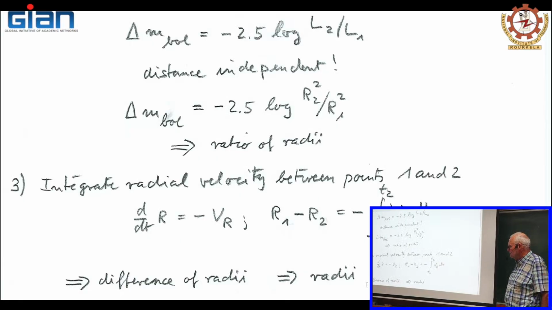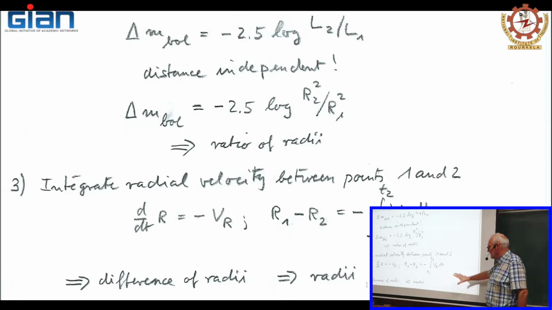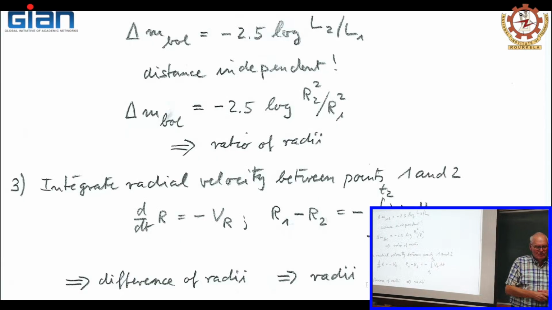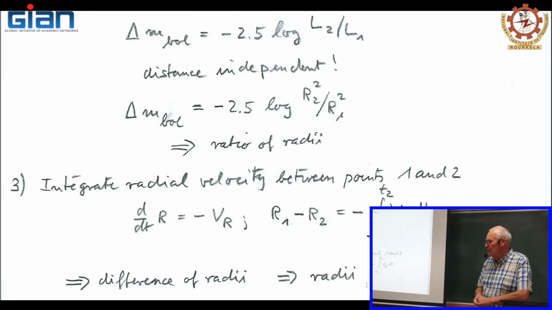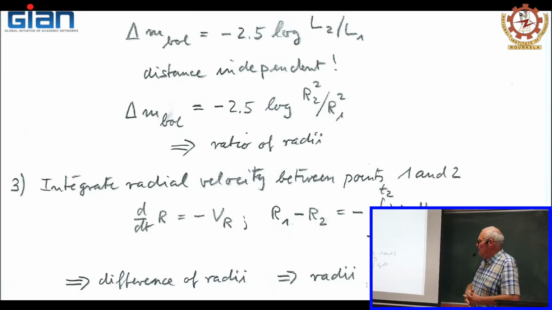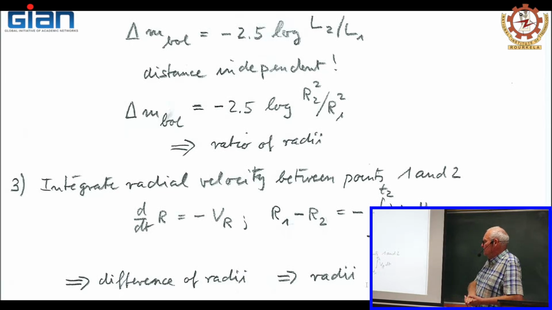So there is an alternative or a modification of the Baade-Wesselink method using only the radial velocity curves, together with a measurement of the change of the apparent diameter of the star, once the Cepheid is close enough and we can, using interferometric methods, determine the change of angular diameter.